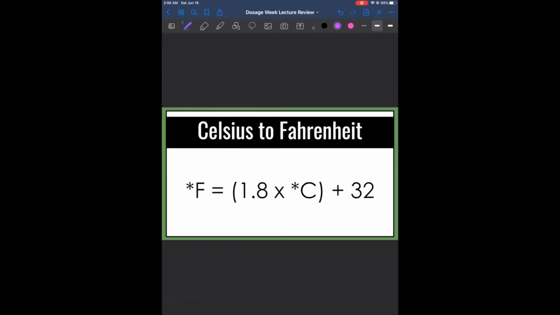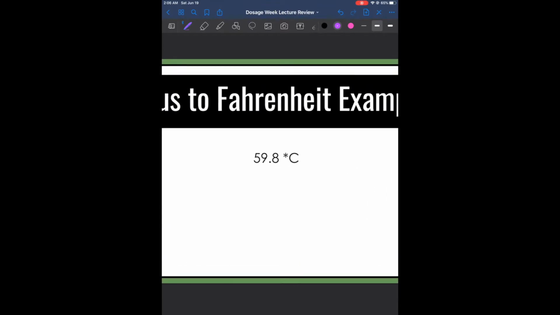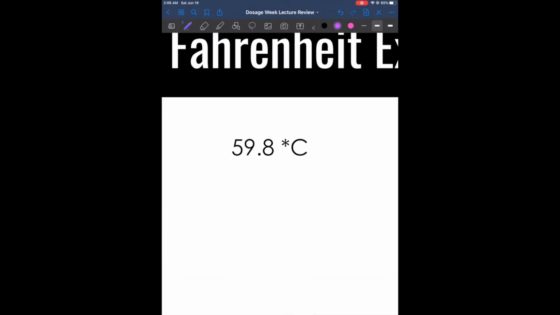And then when going the other way, from Celsius to Fahrenheit, you need to remember that it is 1.8 times your degrees Celsius plus 32. So for example, 1.8 times 59.8 plus 32.